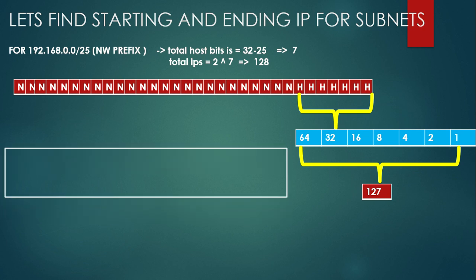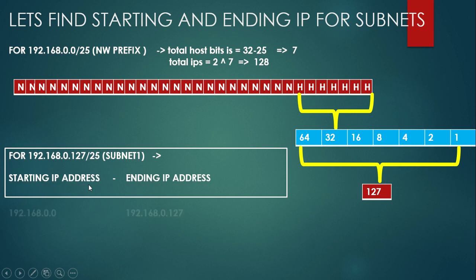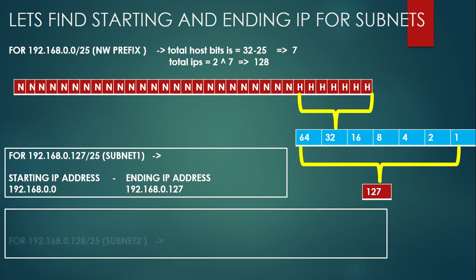Let me explain again. For the subnet CIDR 192.168.0.0/25, the starting value would be 192.168.0.0 and the last IP address would be 192.168.0.127. The 127 here we get from the host bits. As well, I'm going to find subnet 2.